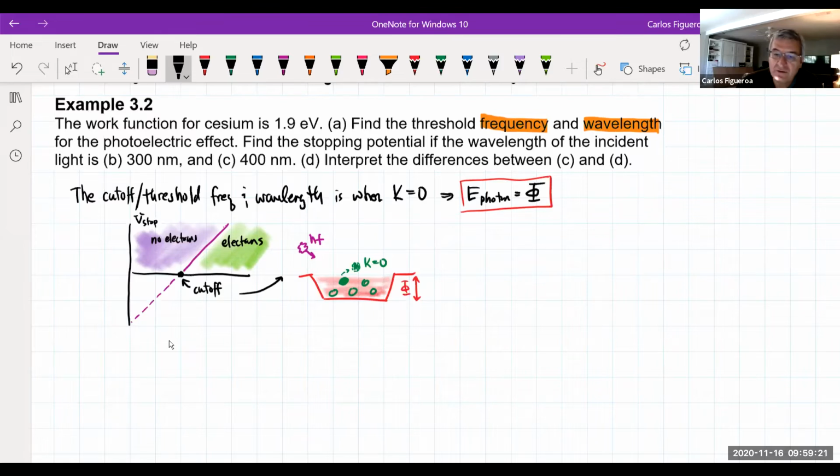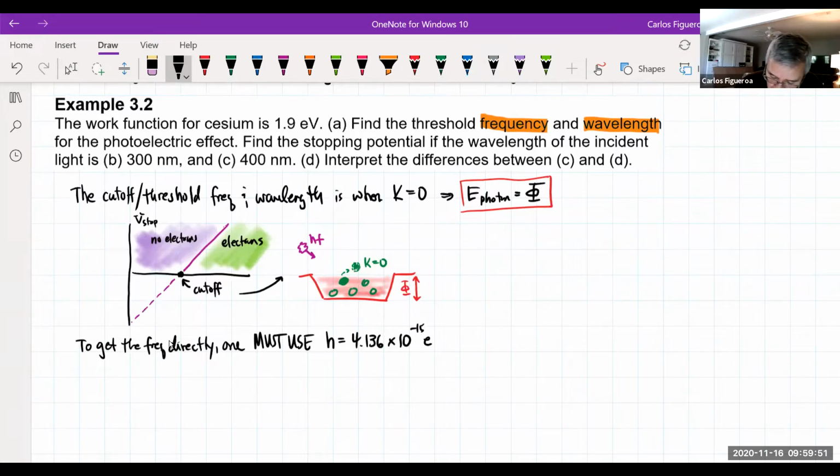So which one's the good value? So here we go. To get the frequency directly, you have to use this value of H, which is 4.136 times 10 to the negative 15 electron volts times second.